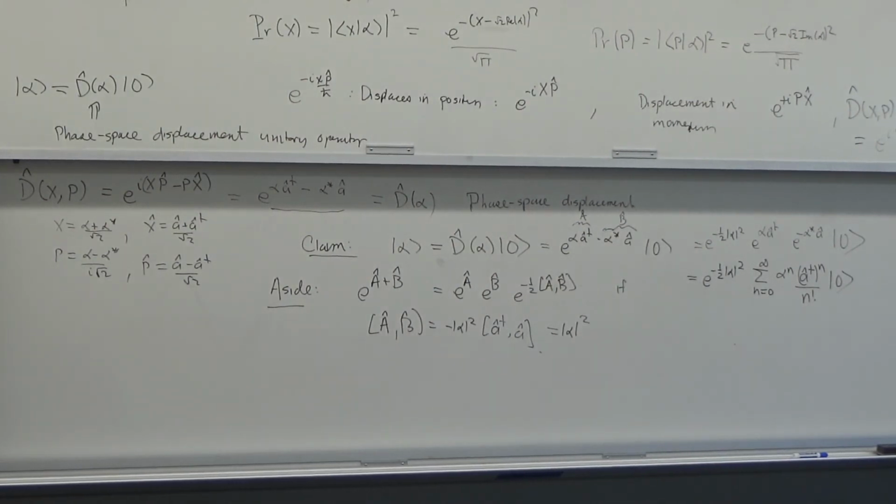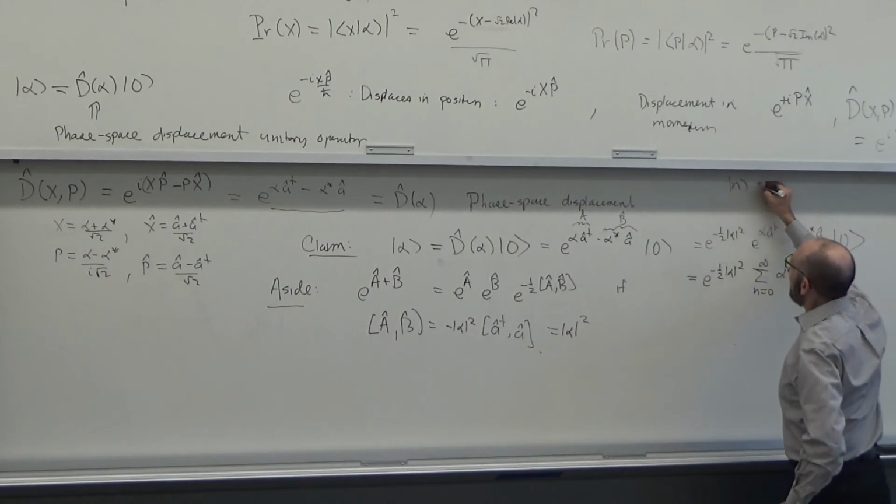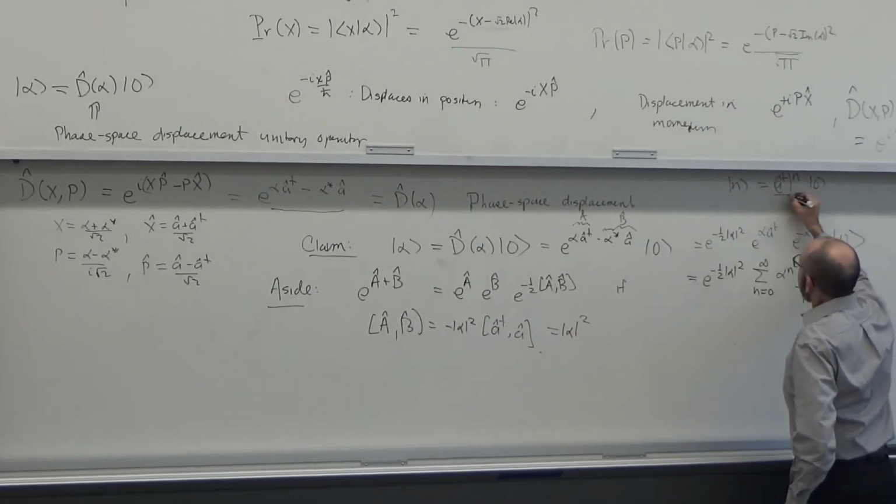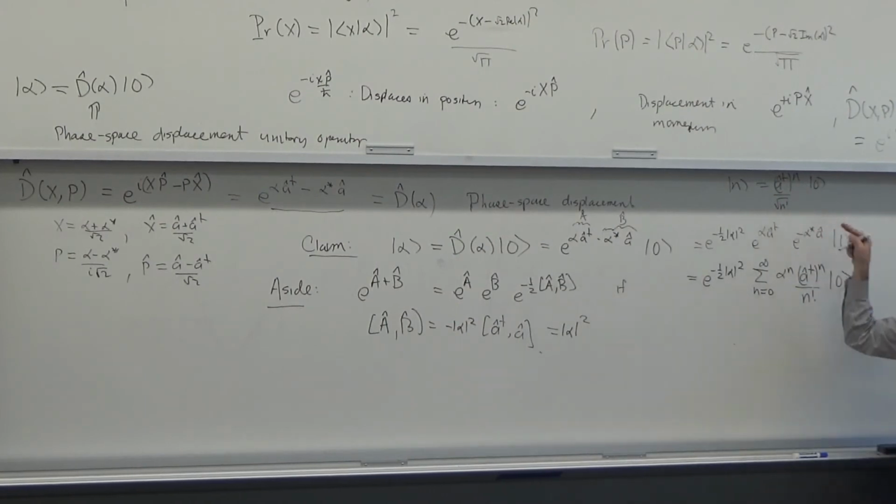And what happens when I apply the creation operator to this? Well, I'm going to get the Fock state. Recall that n is that, right? That's how it's normalized. You remember that?